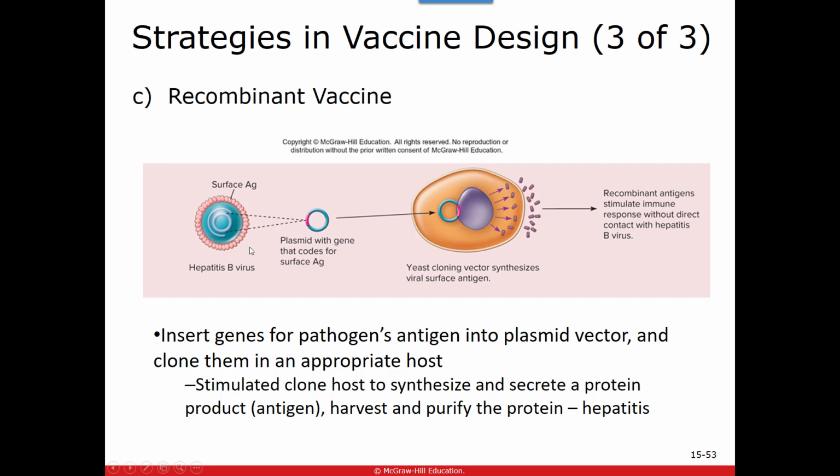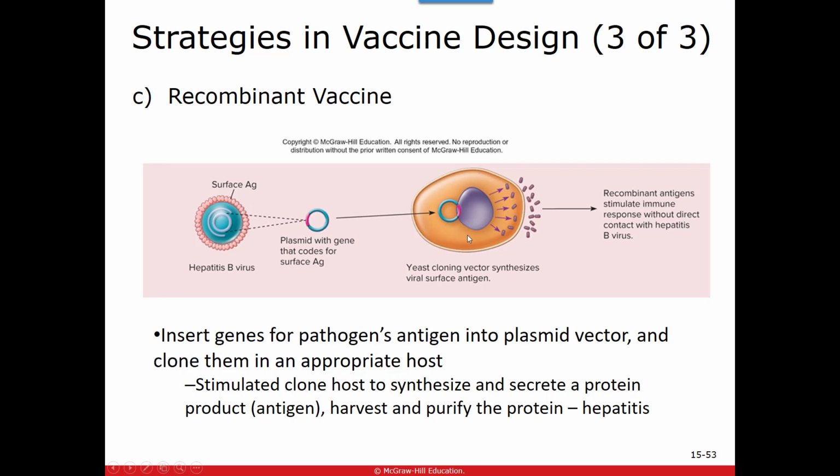And that yeast will actually, because it has that viral DNA in it, start making that particular surface antigen. We can harvest that surface antigen and put it in a vaccine. It's going to trigger an immune system response so that if you were ever exposed to this particular virus in the future, you would know how to recognize that virus-specific antigen.